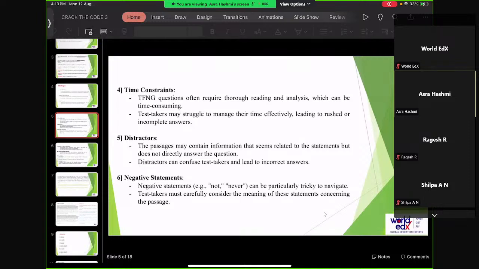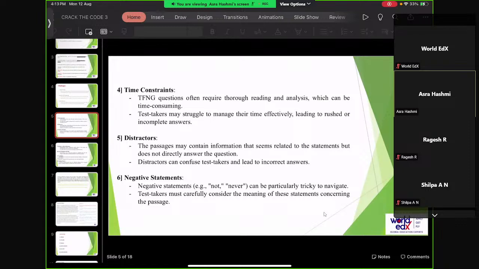The next is negative statements. For example, words like not and never can be particularly tricky to navigate. For example, in the passage it says, if the classes do not happen for 4 weeks, it may get cancelled. In the question it says, if the classes do not happen for 28 days, it will get cancelled.